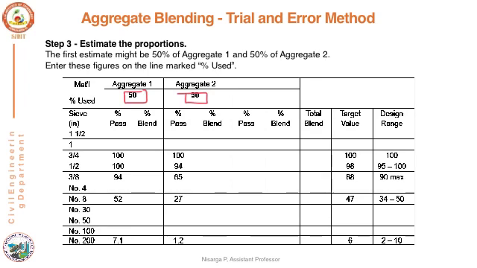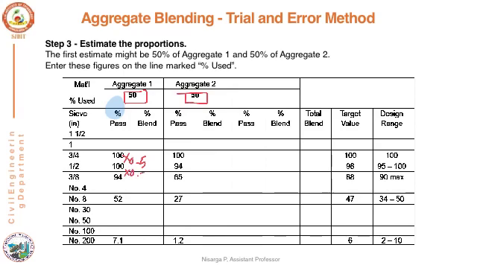Now using these proportions, 50% each, we need to obtain the percentage blend. The percentage blend can be obtained by multiplying the percentage pass with the proportion that we have taken. Here we note that we are not taking the 50% directly. So all these values, 100, are multiplied with the decimal value 0.5.